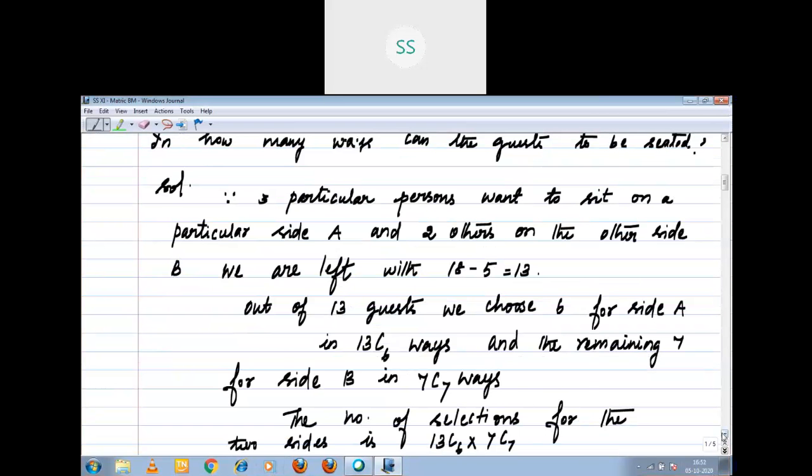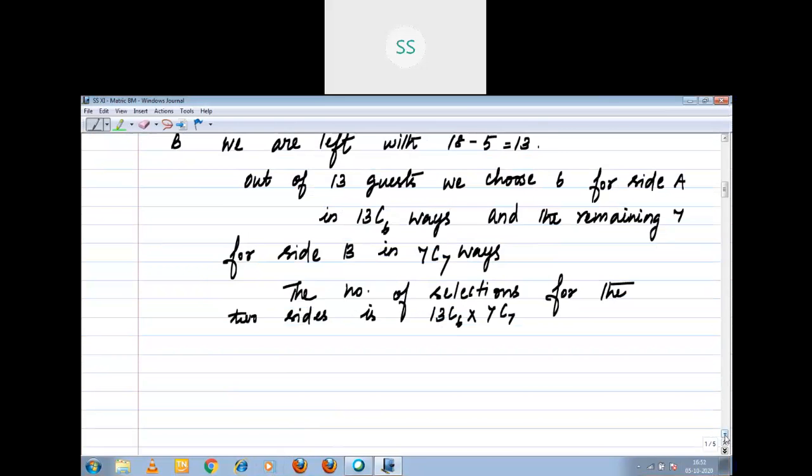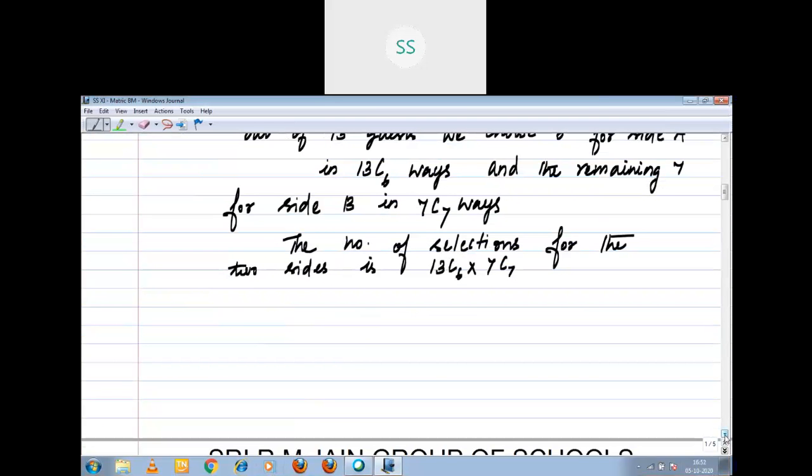Then each side how many members? 9 members. So 9 people can be arranged among themselves in 9 factorial ways, right?